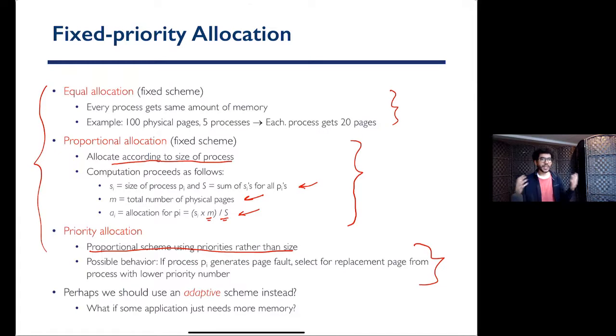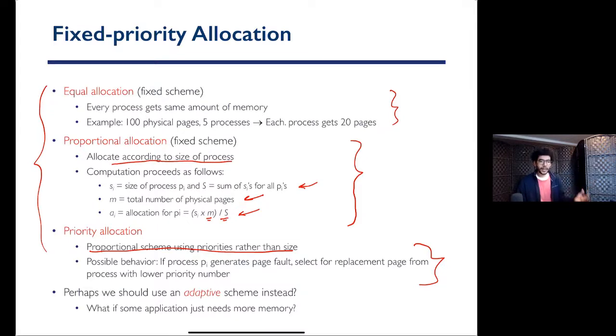Now, if you fix the allocation of your process, then if your application changes phase, there's a chance that it really doesn't need the memory that you gave it. And then it goes back to needing it, and then it goes back to not needing it, and so on and so forth.